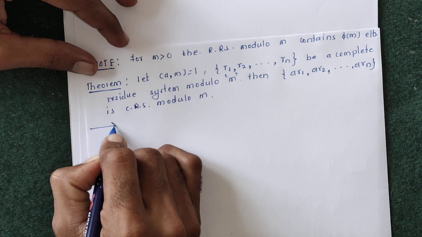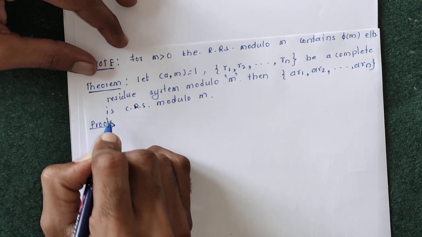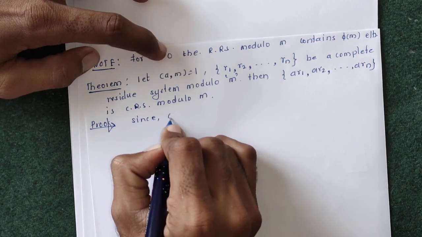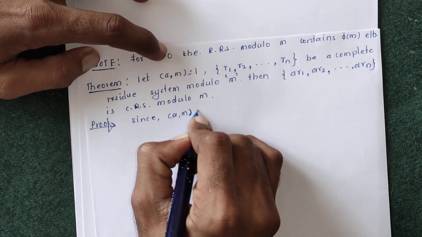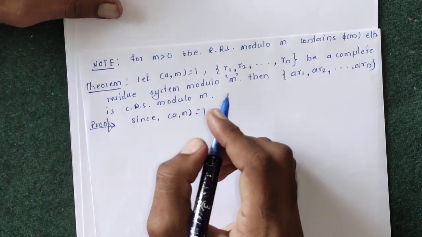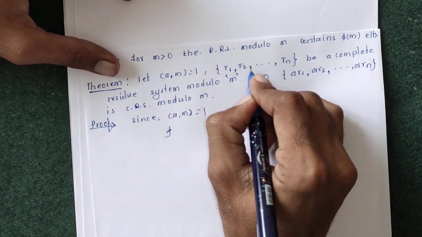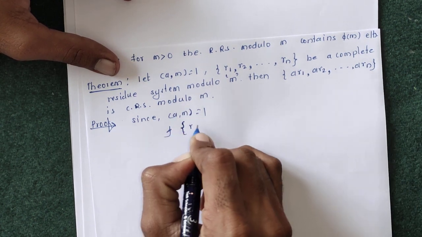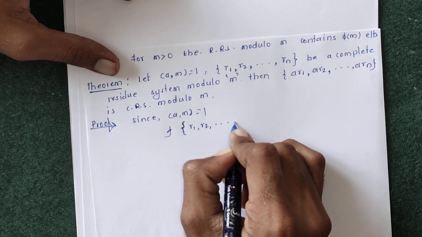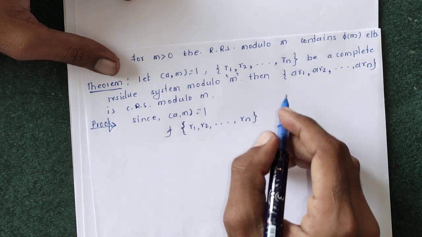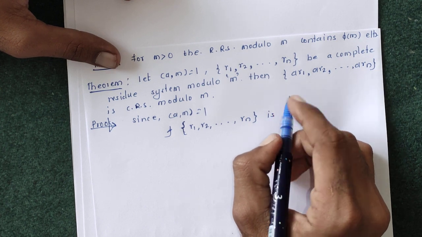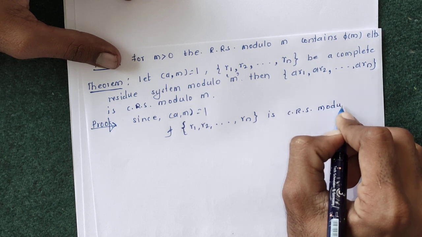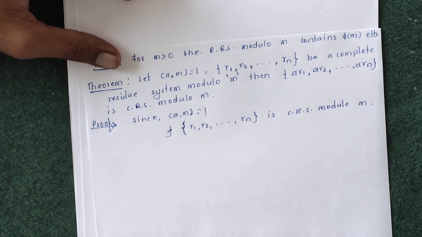So we are going to prove this theorem. Proof: we are given that GCD of a and m is equal to 1, and that r1, r2, up to rn is a complete residue system modulo m.